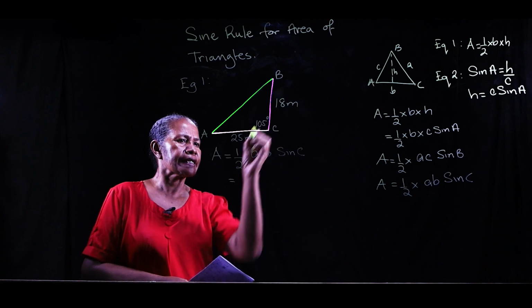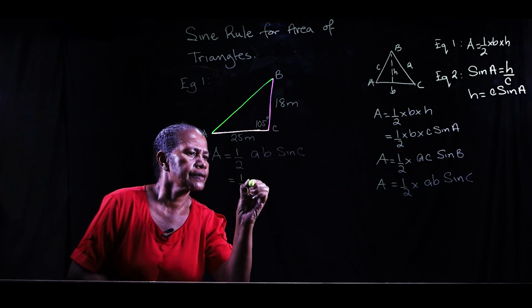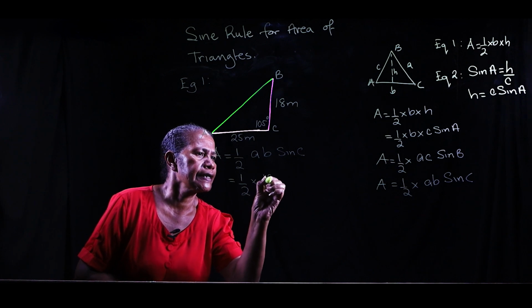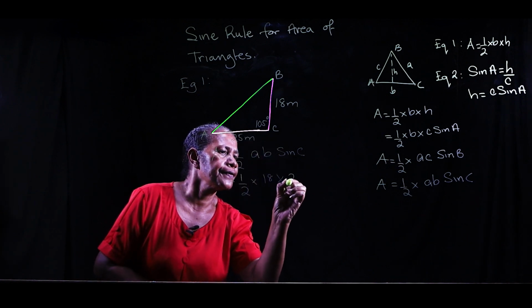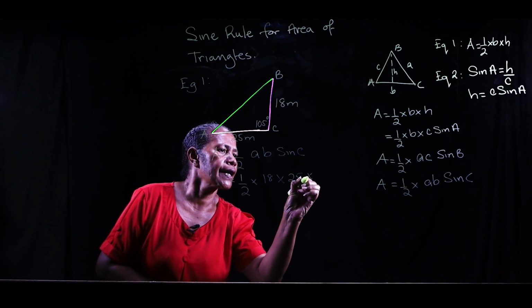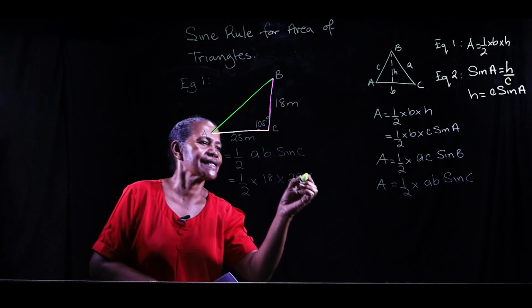Side a is 18, and we are looking for the area. So we have half times 18 times 25 times sine C, which is 105 degrees.